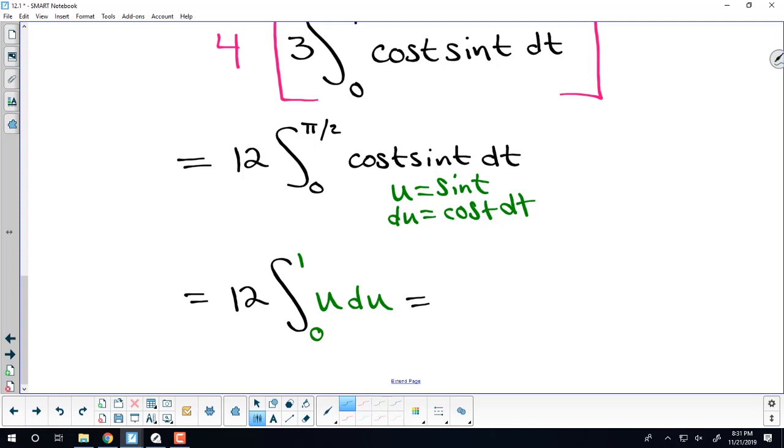We're going to evaluate it completely anyways, so it doesn't matter. If you want to find the antiderivative of u, resubstitute, and evaluate cosine sine squared over 2 from 0 to pi over 2, you can do that as well. I think 0 and 1 are easier to deal with, but at the end it doesn't really matter.